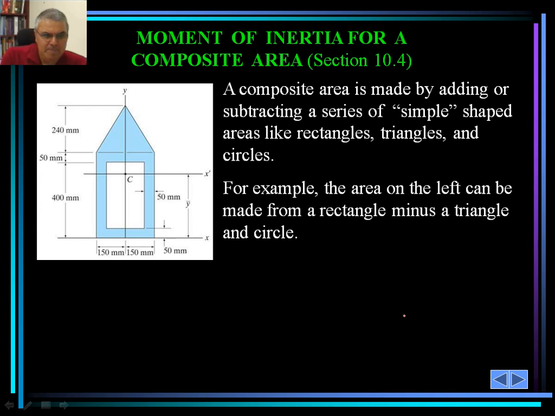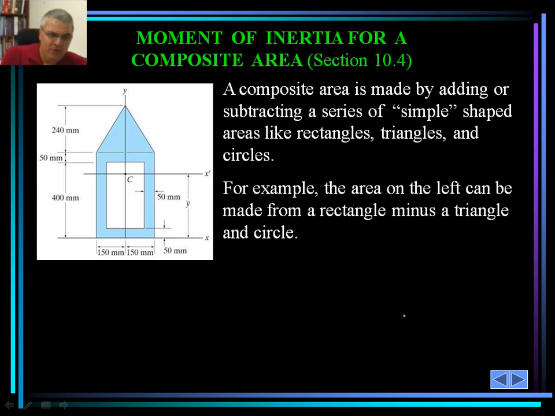So here's an example of a composite area made by adding or subtracting a series of simple shaped areas. These areas are rectangles, triangles, circles, semicircles, anything that is defined within the mostly used shapes.